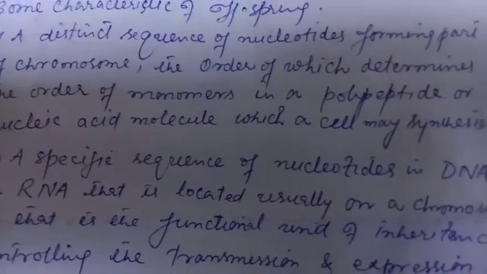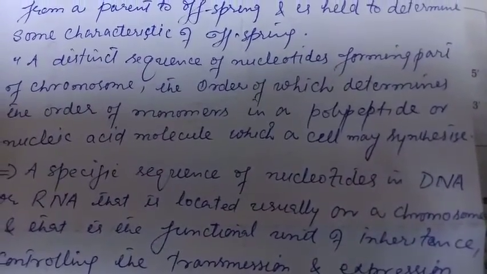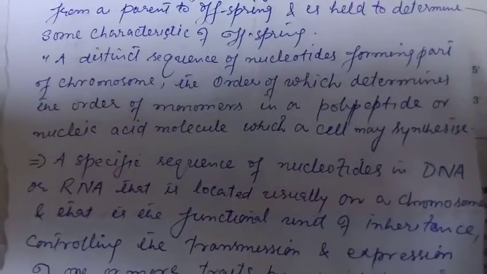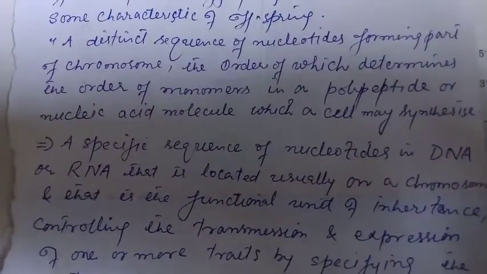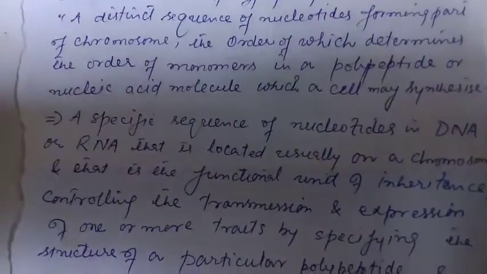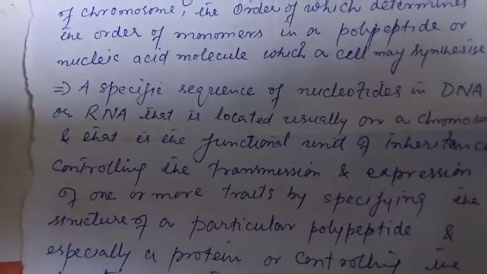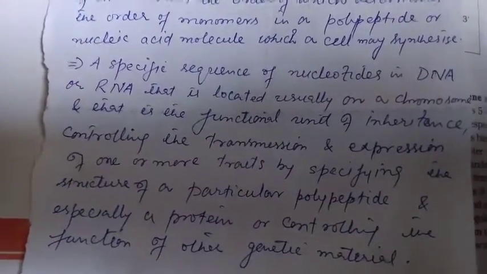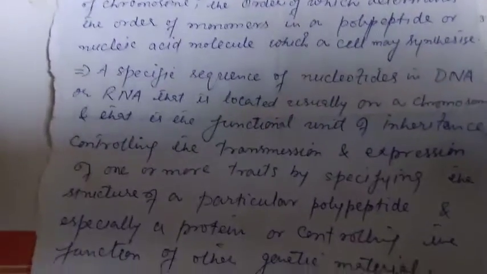Functional unit of inheritance means that it has a particular character to carry from parent to offspring, controlling the transmission and expression of one or more traits by specifying the structure of a particular polypeptide, especially a protein, or controlling the function of other genetic material.